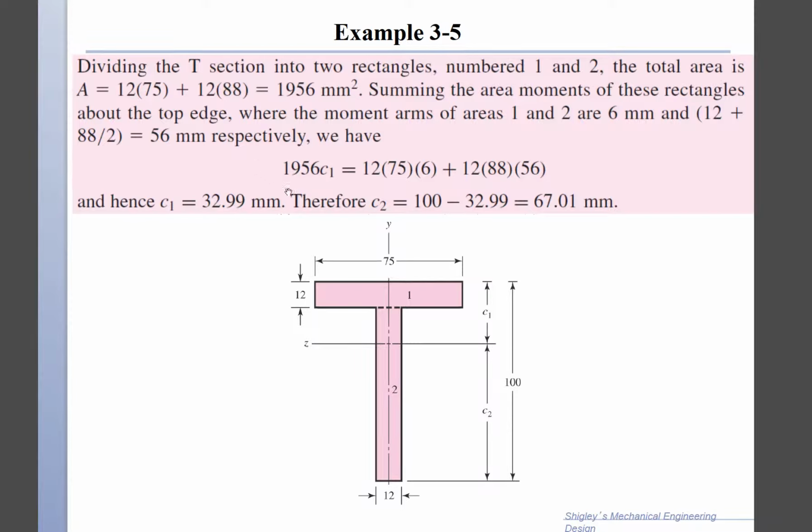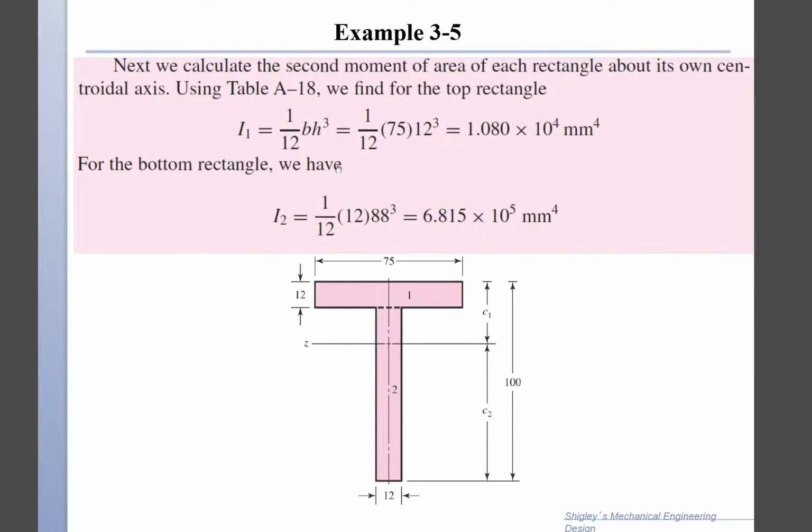So the total area times C1 is equal to the moment of the first area times 6 plus the moment of the second area times 56, and solving for this gives us C1 of 32.99, and C2 is now known.